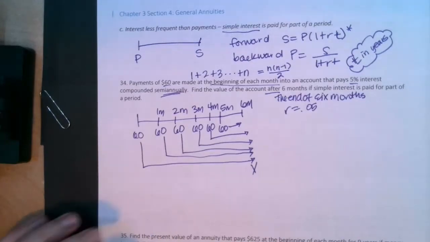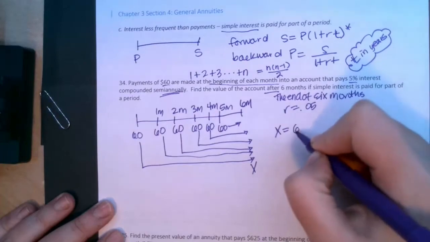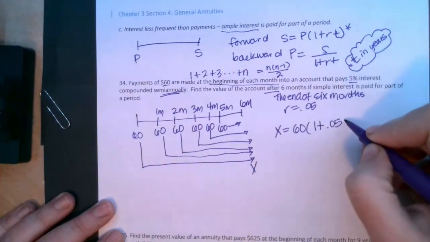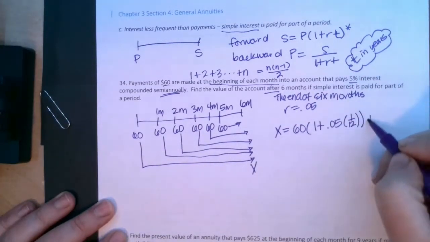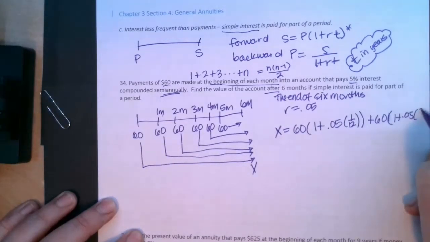Now we just set this up. X is going to be the sum of 60 times 1 plus 0.05 times 1/12. That's this one right here. And then 60 times 1 plus 0.05 times 2/12.